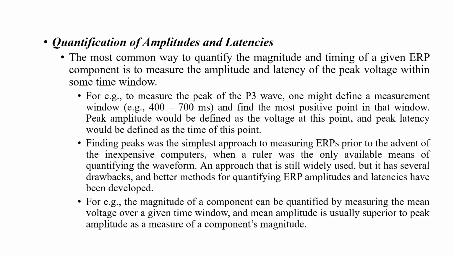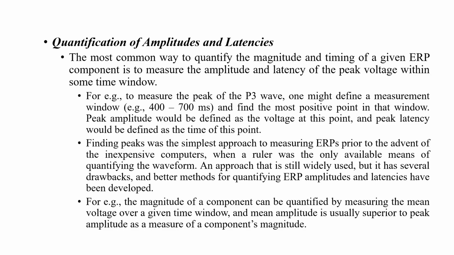Finding peaks was the simplest approach to measuring ERPs before the advent of inexpensive computers. Basically, earlier what people used to do was use a ruler to quantify the waveform. It is sometimes still used when you just want to manually look at the data, but it has several drawbacks, and better methods for quantifying ERP amplitudes and latencies have now been developed and are available for researchers.